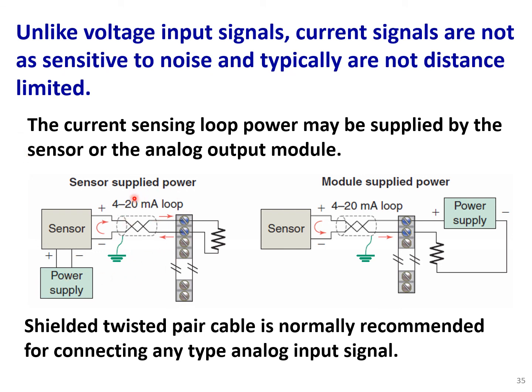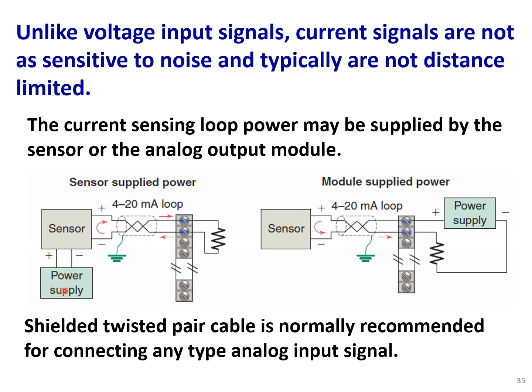So here we have our sensing loop. Here we have a sensor, and here we have our module. Okay, and this one is the sensor supplied power, and this one is module supply power. Okay, so here you could see the difference here where the supply power is located.